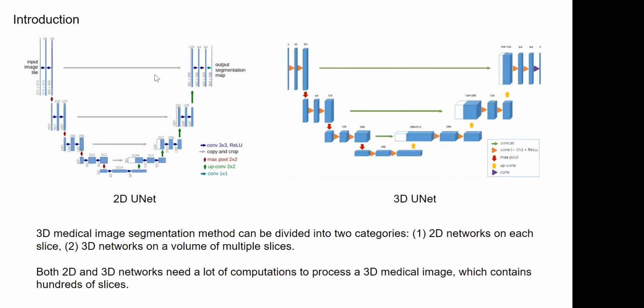As this figure shows, both the 2D networks and the 3D networks process every slice equally. That is, they use the same model and the same amount of computation for each slice.